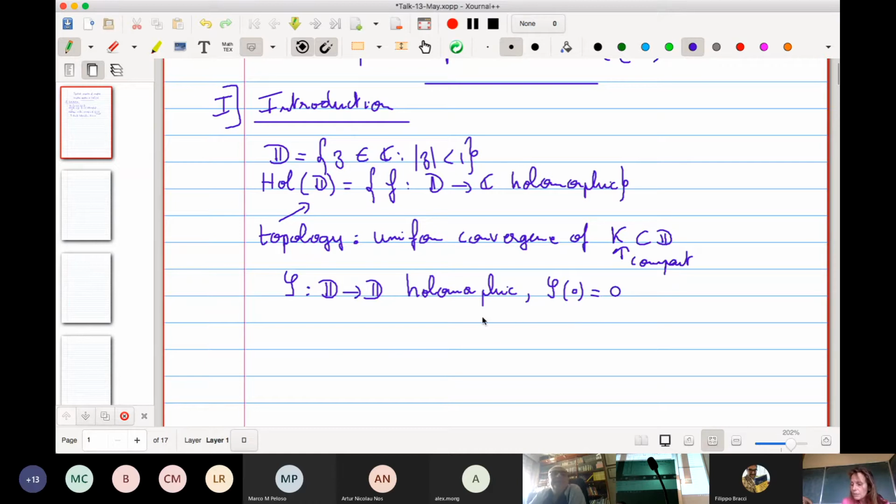And then it's a well-known fact that, using Schwarz's lemma, it follows that the derivative at 0 is less than or equal to 1. And we assume that it is not equal to 1.